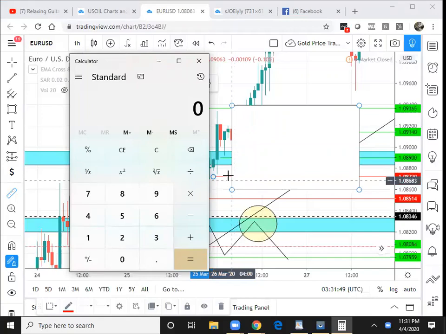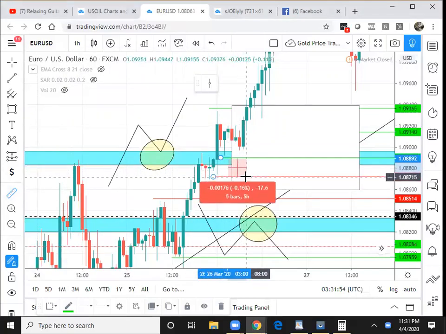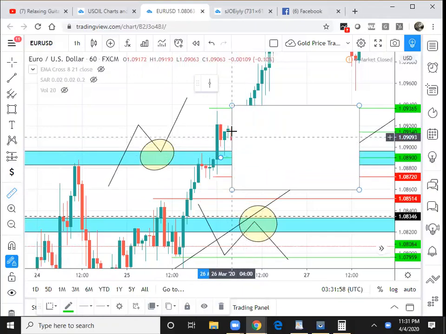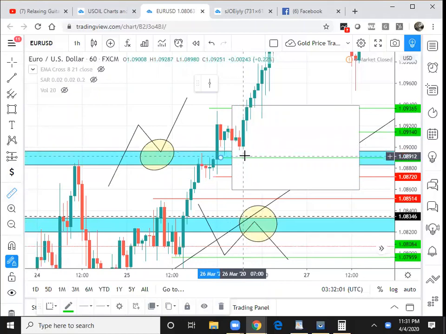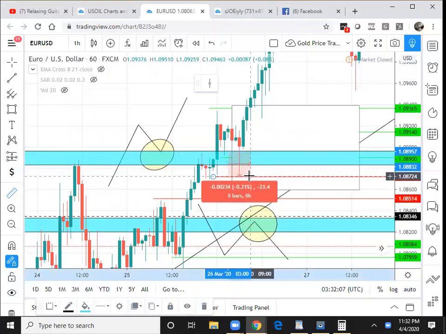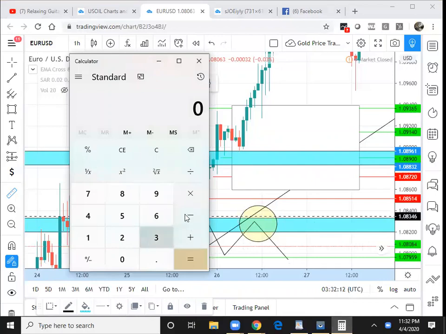So if you have a spread of, let's check it again. A spread of $23, you could probably take it at 1.2 by 20.